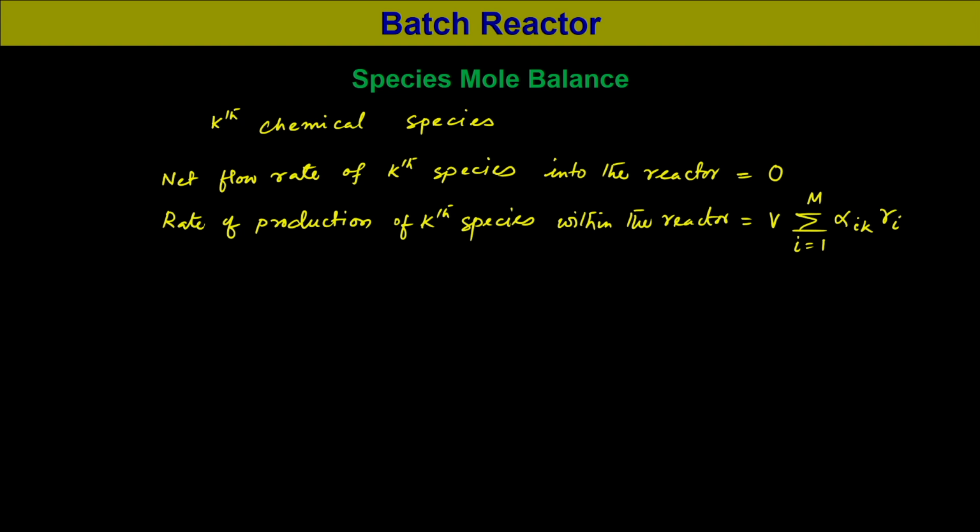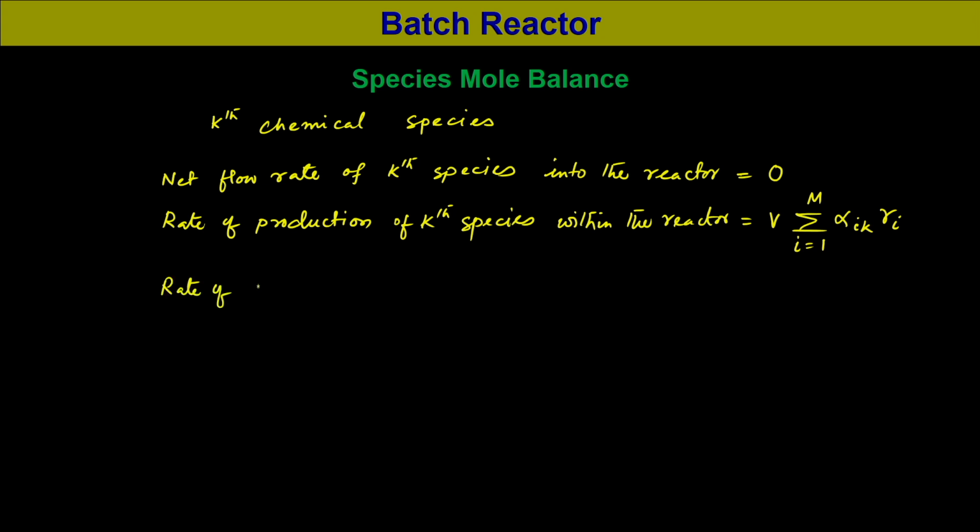Here alpha i k is the stoichiometric coefficient of the chemical species. So, this is the rate of production of kth species within the reactor.